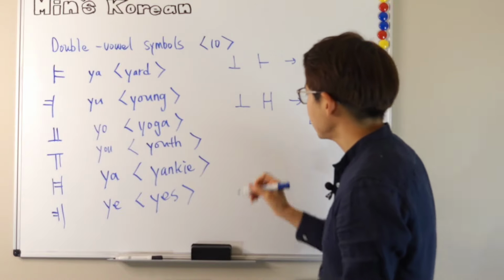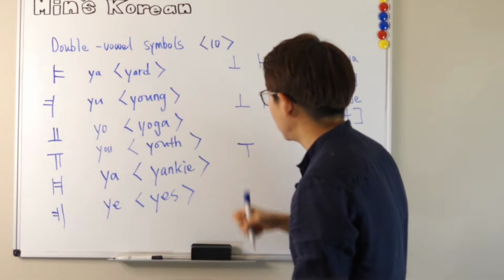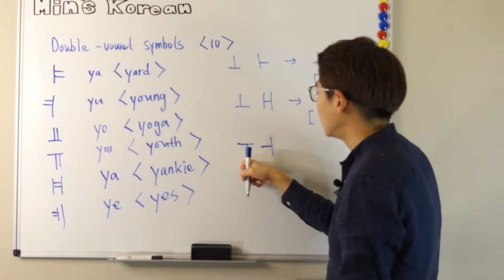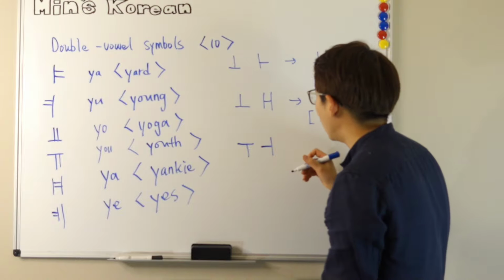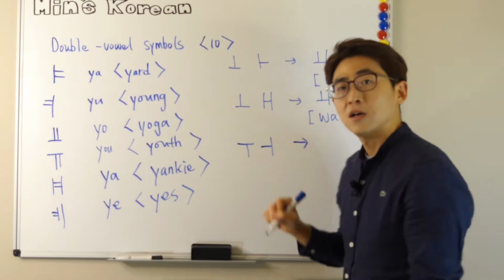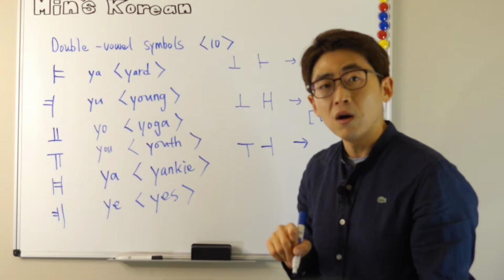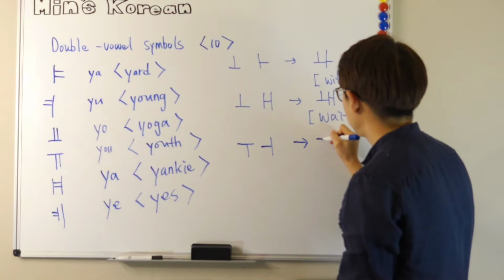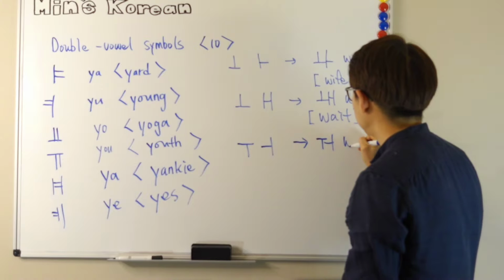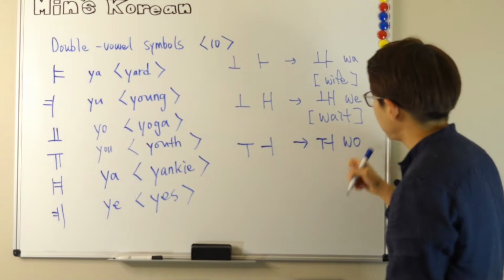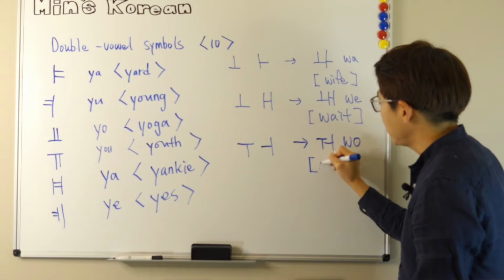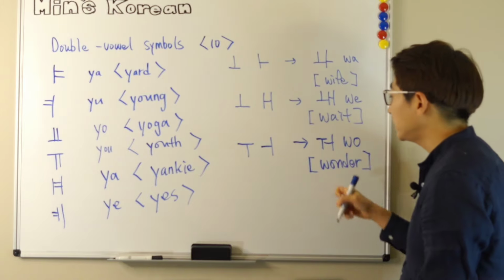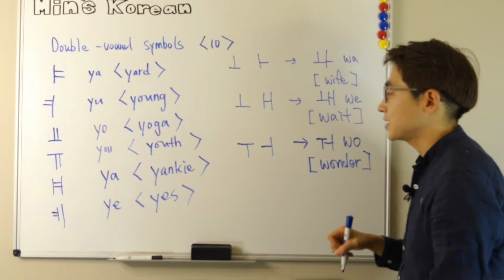Okay, and next we can combine this one, U, with this one, and it becomes wo, and that's the English representation, as in wonder, I wonder. Okay, that's the pronunciation.